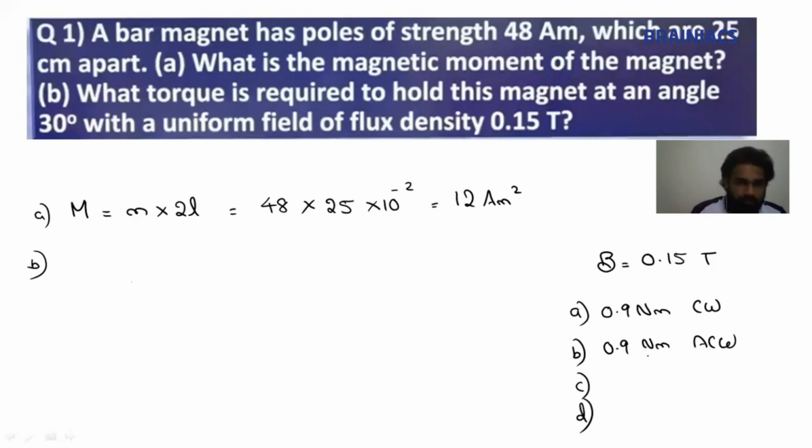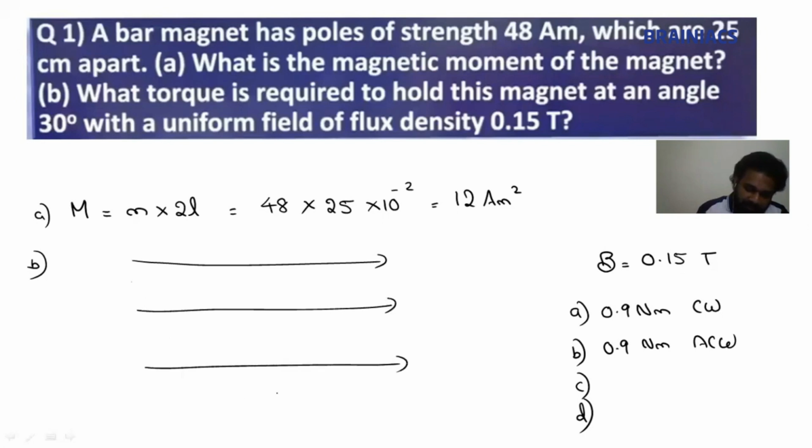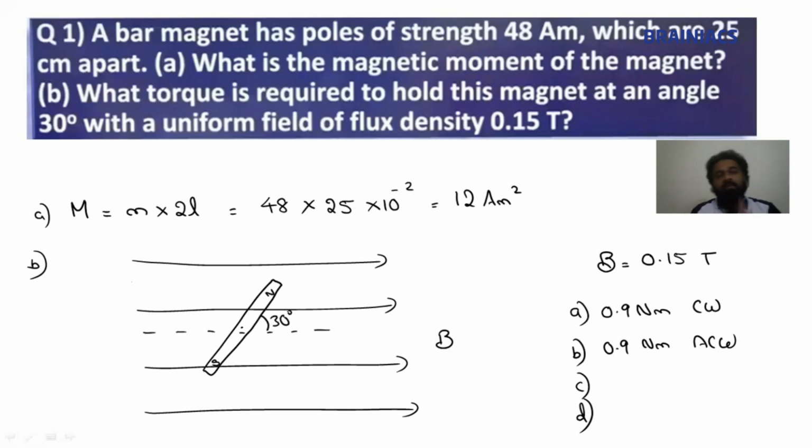So here what they are asking is what torque is required to hold this magnet at the angle. Suppose this is the magnetic field, they have given that we need to hold this magnet at an angle. If this is south and this is north, this angle as 30-degree we will have to maintain.